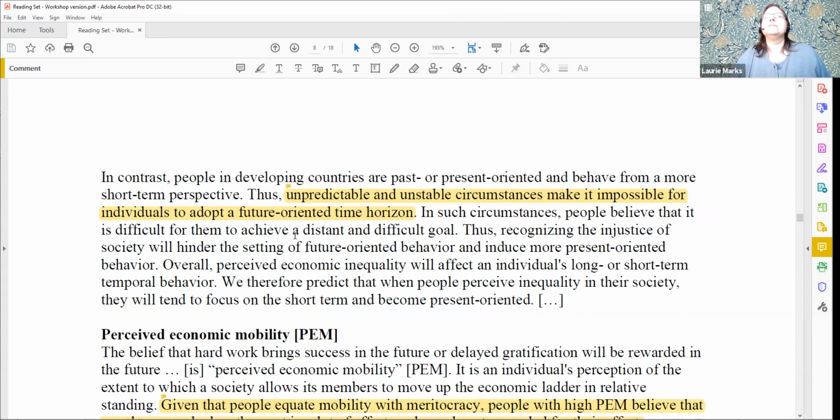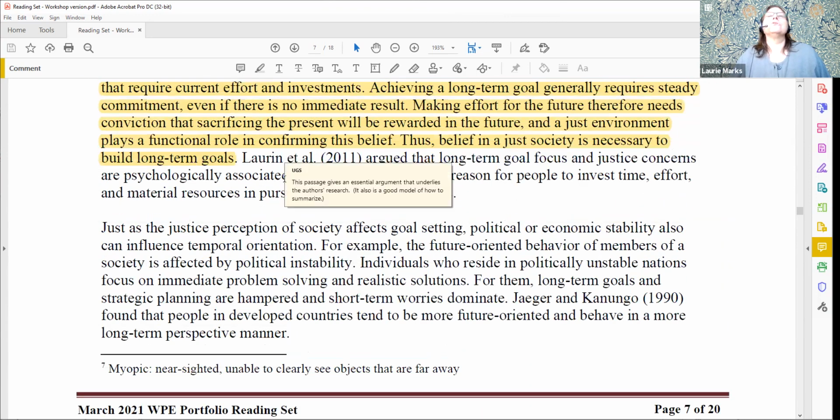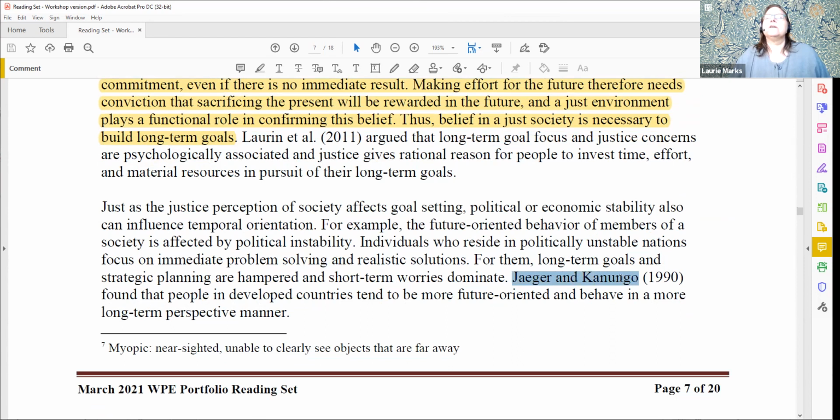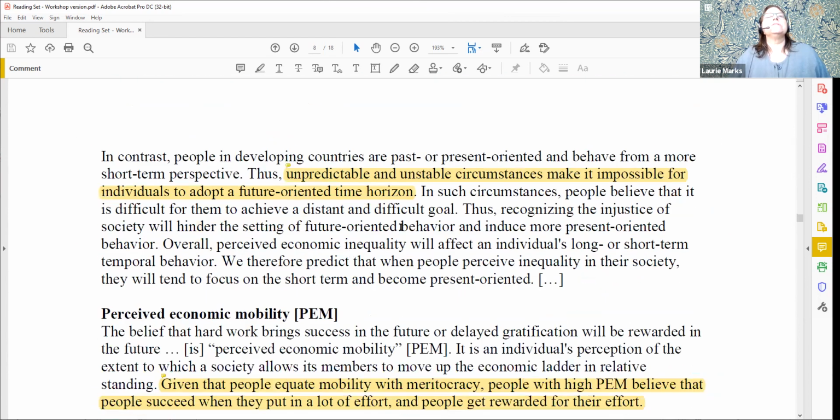This is their extension of the results of these people's research, Jaeger and Kanungo, which they're discussing on the bottom of page 7. So they're extending their research and making this conclusion. Unpredictable and unstable circumstances make it impossible for individuals to adopt a future-oriented time horizon.